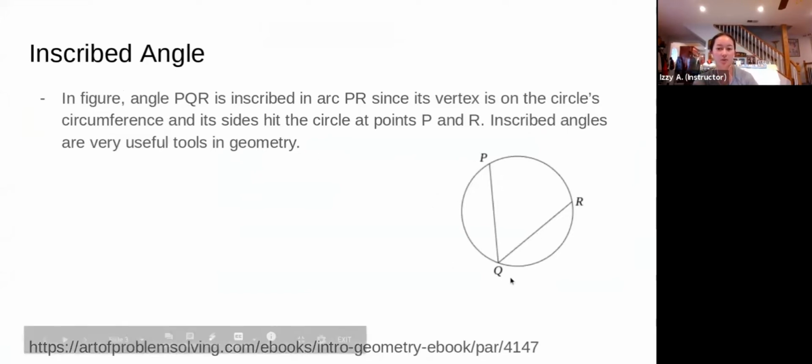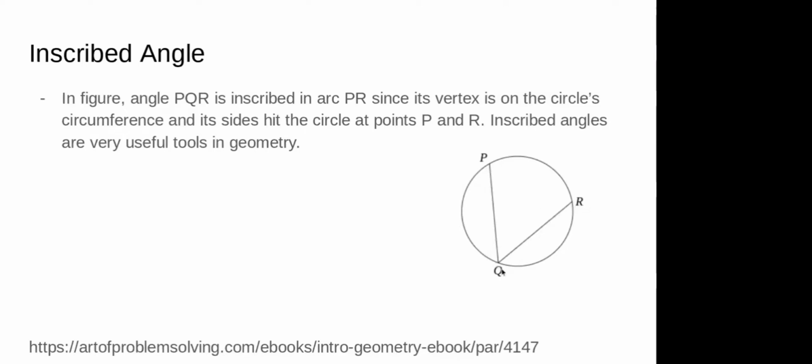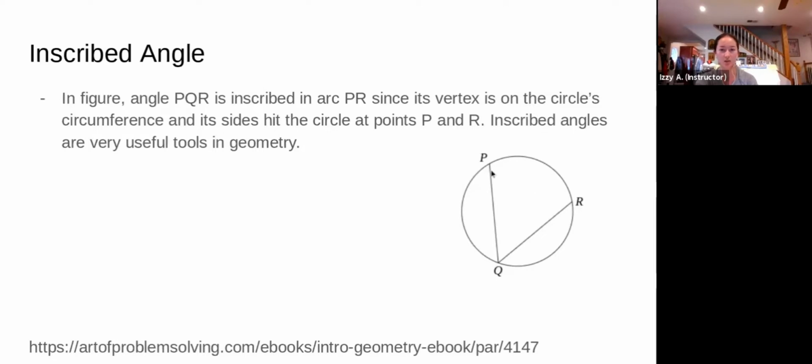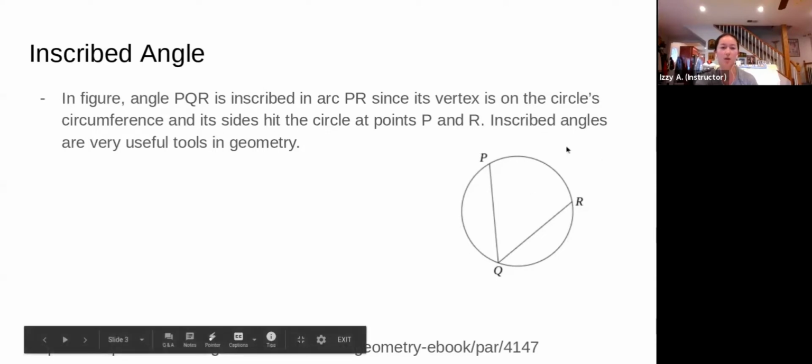For example, angle PQR is inscribed in arc PR since its vertex is on the circle's circumference and its sides hit the circle at points P and R. Basically, an inscribed angle is an angle that is within a circle and its vertex and its sides hit the circle's circumference. And inscribed angles are very useful tools in geometry.